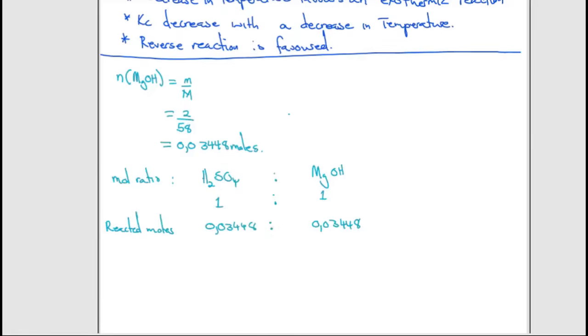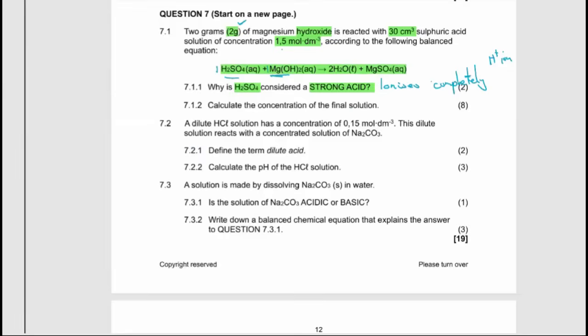Then now I can calculate the initial number of moles of H2SO4. How do we calculate the number of moles? According to this, I'm already given the concentration and also the volume.